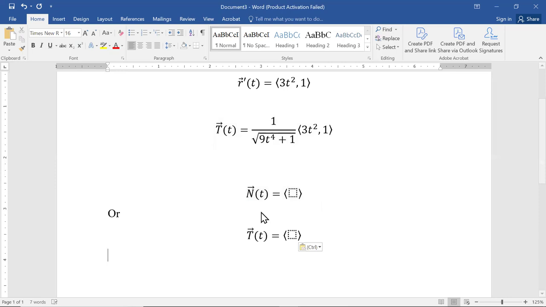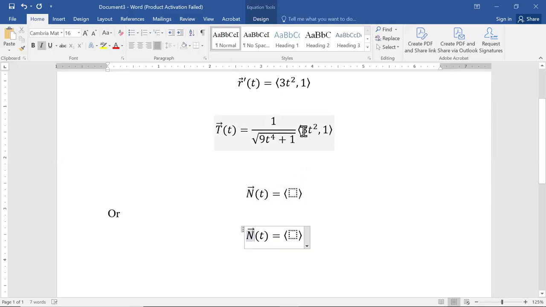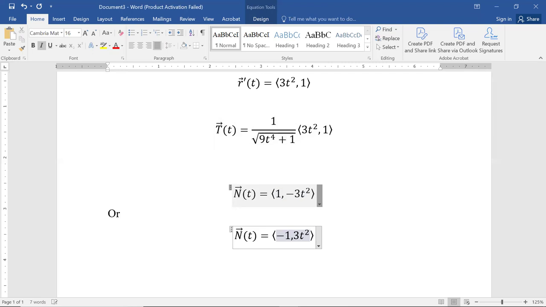all I have to do to find the unit normal vector is to say, well, let's switch the roles of y and x, and then let's negate one of them. So I'm either going to get -1, comma, 3t squared.